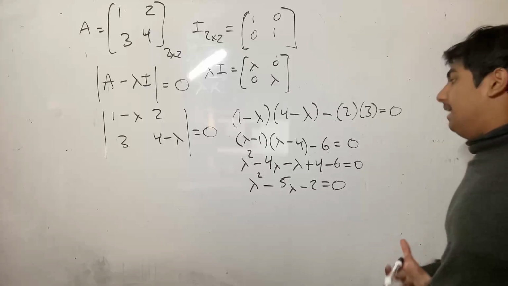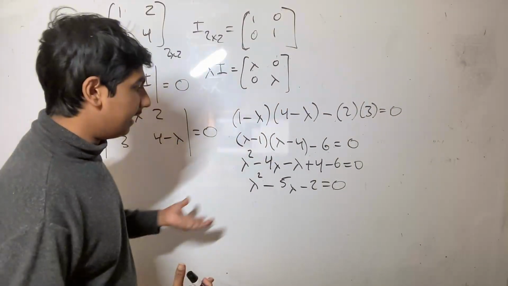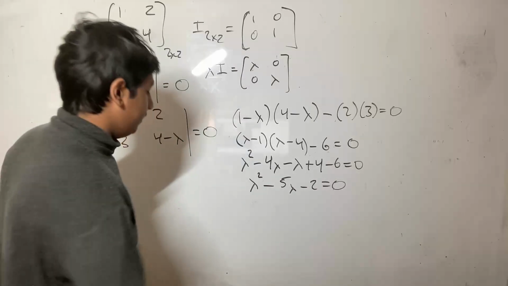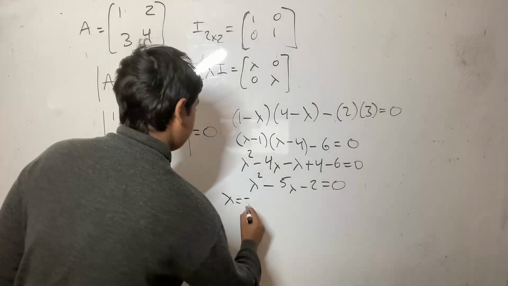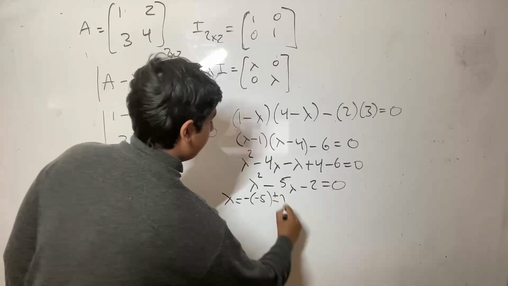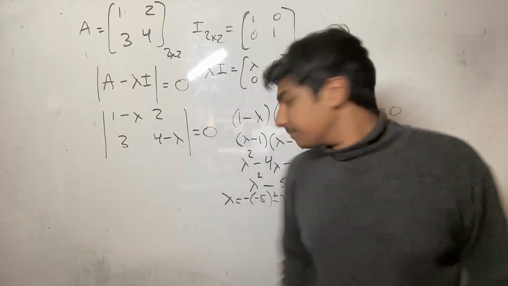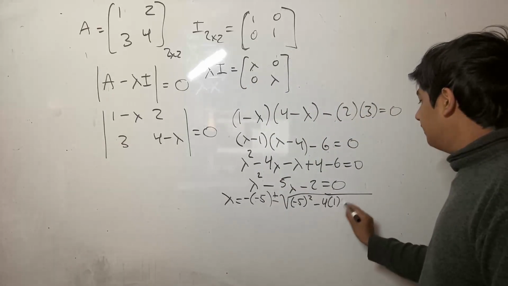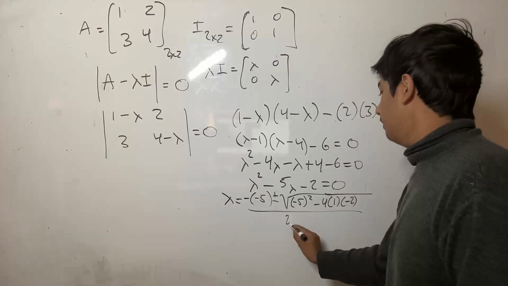I didn't expect we'd have to do this, but you can use a calculator for this, or you can just use the quadratic formula here. So we have lambda equals negative of negative 5 plus or minus the square root of b squared, so negative 5 squared, minus 4 times 1 times negative 2, all over 2 times 1.